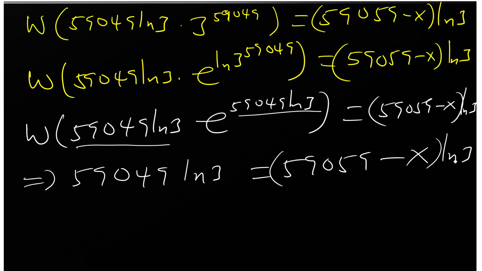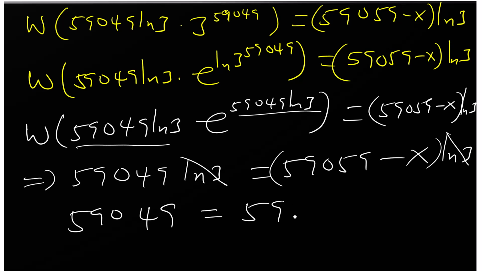Okay, so this one will cancel this. So I'll be left with 59049 equals 59059 minus x.